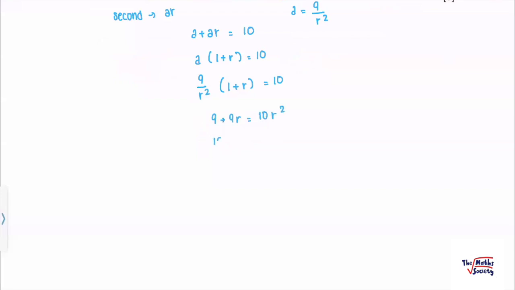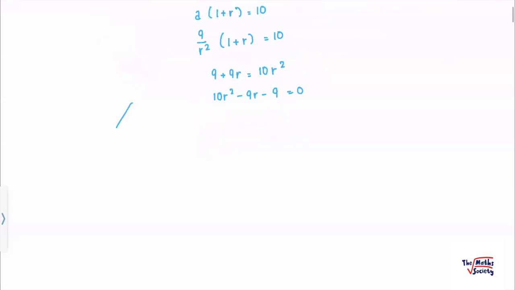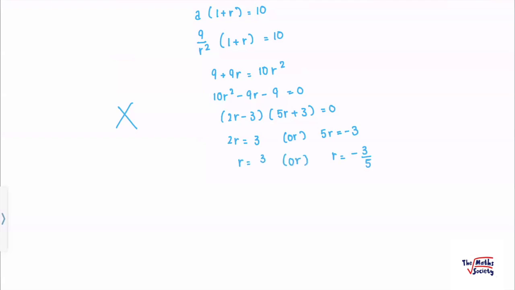So then it's 10r^2 minus 9r minus 9 equals 0. And we have the cross method where you'll get (2r minus 3) and (5r plus 3). So then you'll have 2r equals 3 or 5r equals minus 3, so r is equal to minus 3 by 5 or r is equal to 3 by 2.